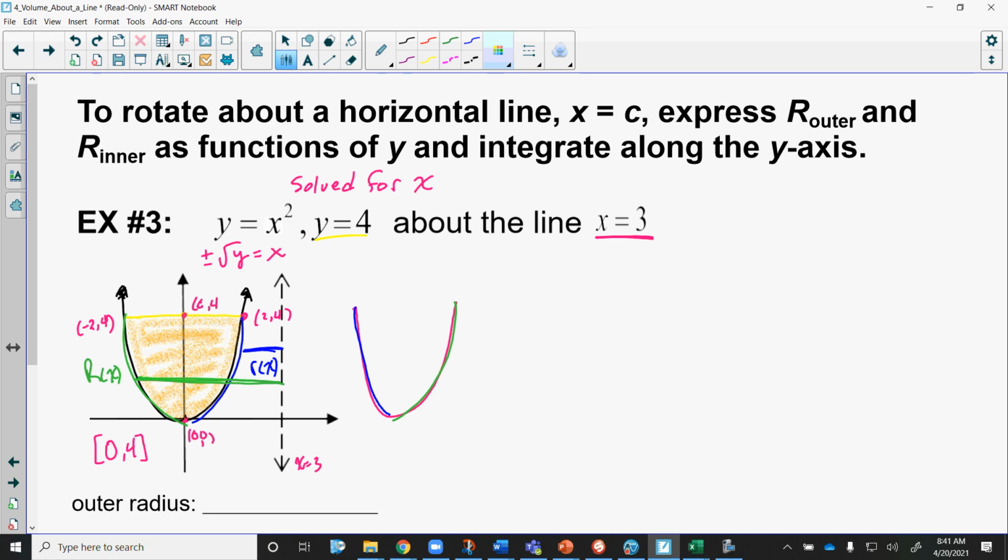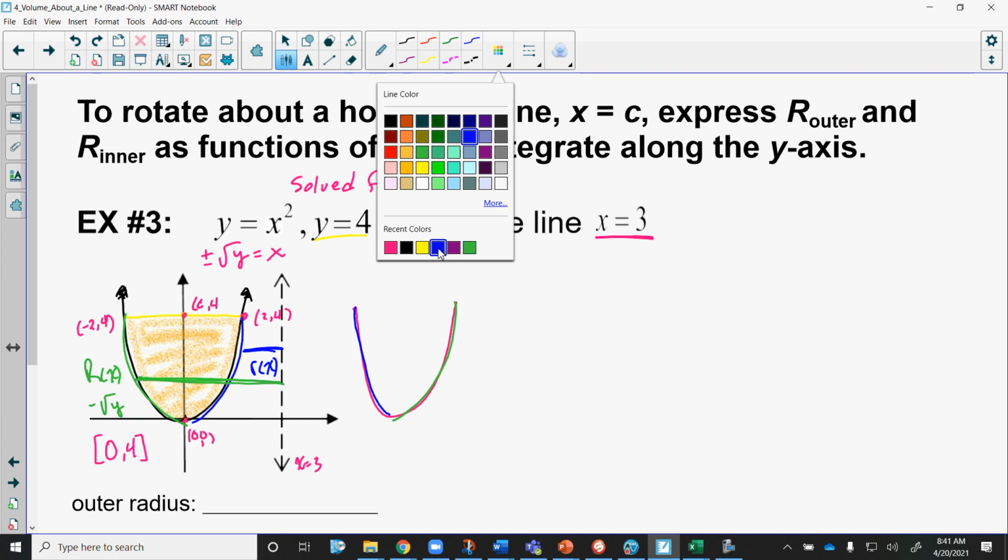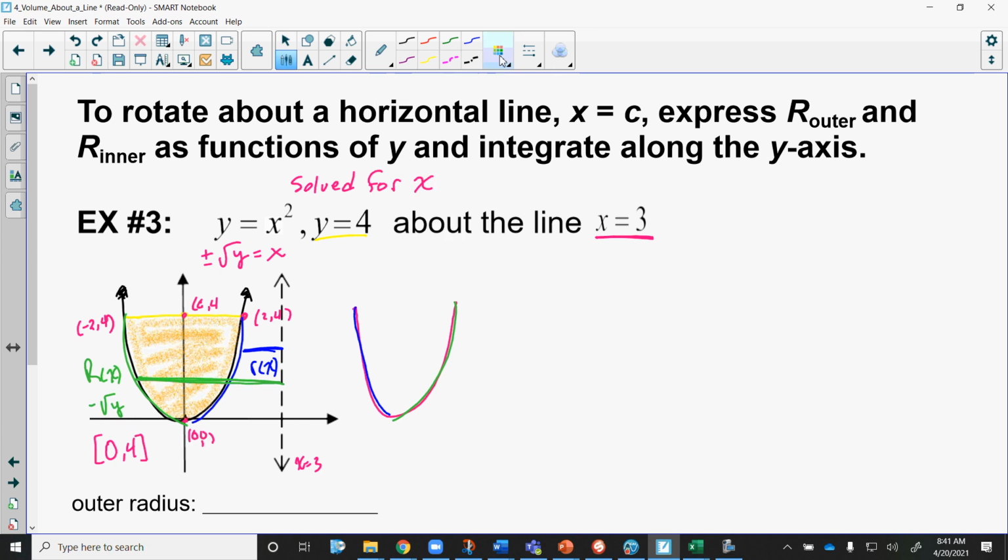So that is why we want to make sure that we have the positive and negative on the square root. So this side here is going to be the negative square root of y, and this side here will be the positive square root of y, and that is going to help us establish what the inner and outer radius are going to be.